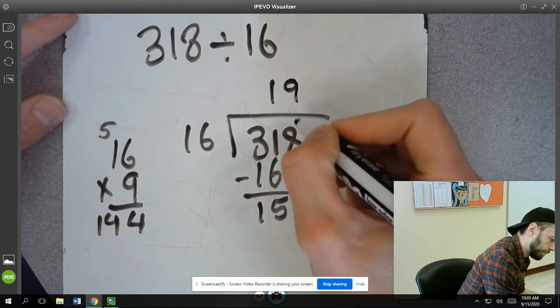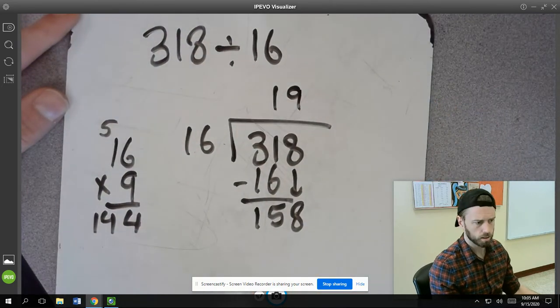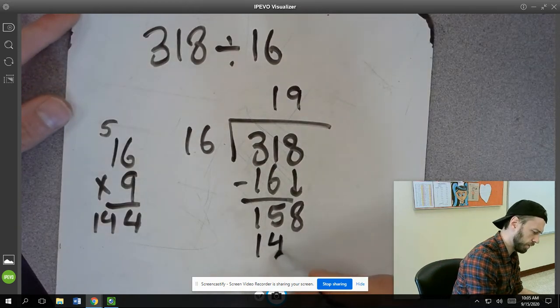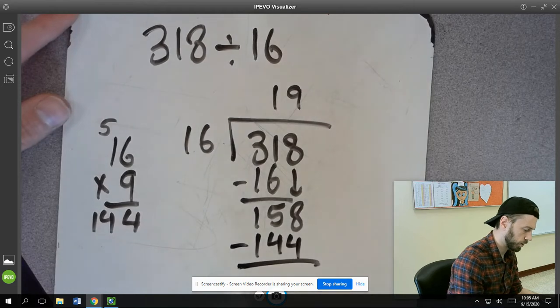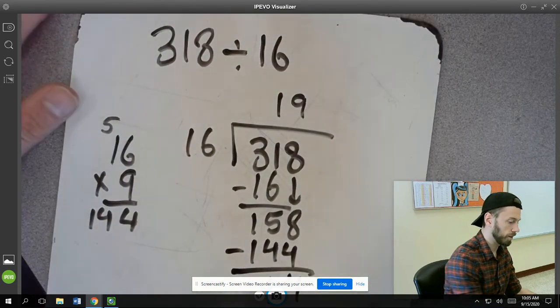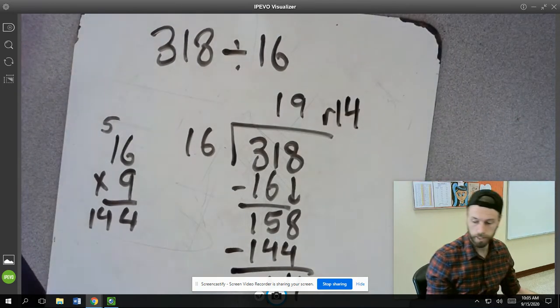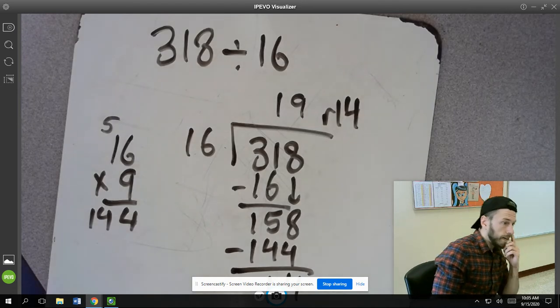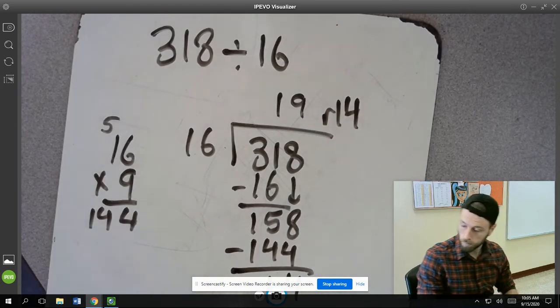So I'm going to put a 9 times 16. Get 144. Subtract that. 8 minus 4 is 4. 5 minus 4 is 1. So then we have a remainder of 14. 19, remainder 14.